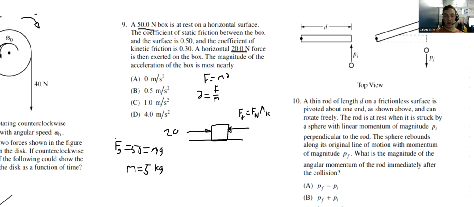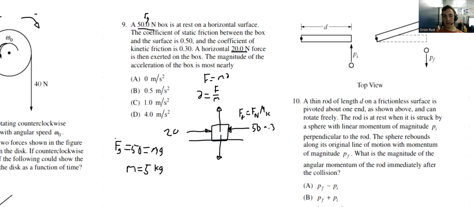And it's actually pretty convenient for us because the normal force is the force of the ground pushing on the box to compensate for the weight of the box. And the weight of the box we're actually given in our equation, which is pretty nice and easy. So we can write the force of friction as 50 times 0.3.